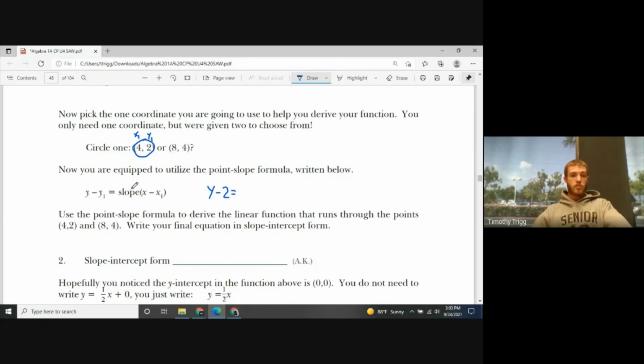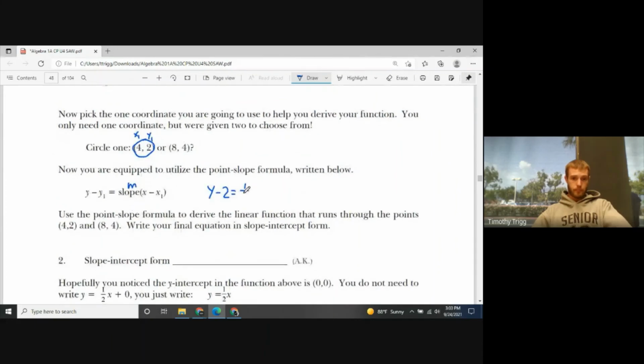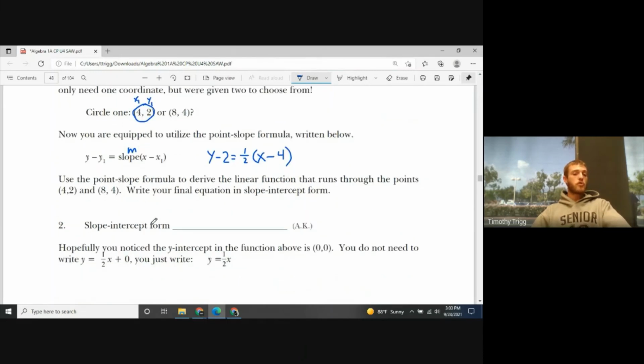equals the slope, that's our m. So our slope was 1/2. And then we have x minus the x coordinate. So that's 4. Now we can go from this point slope form to slope intercept.